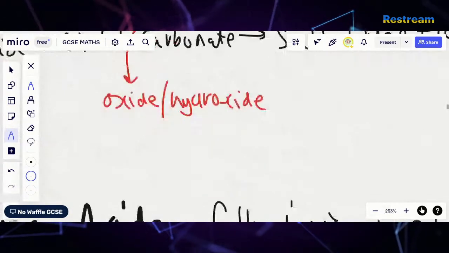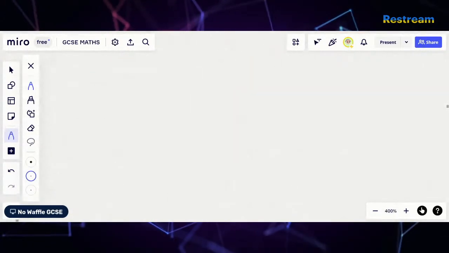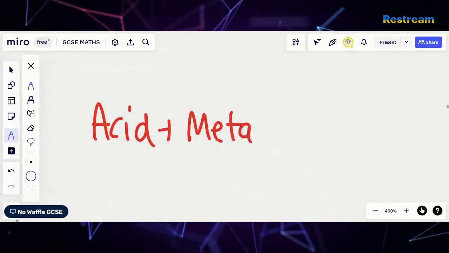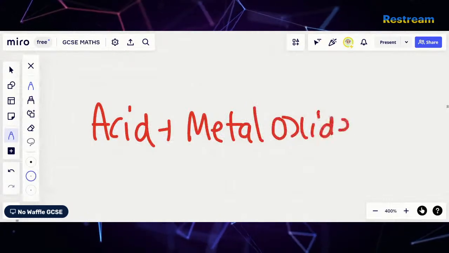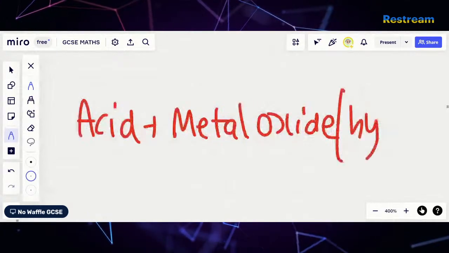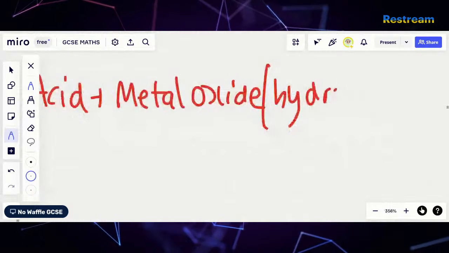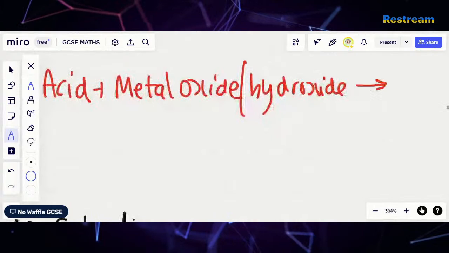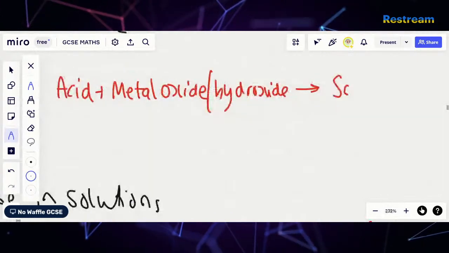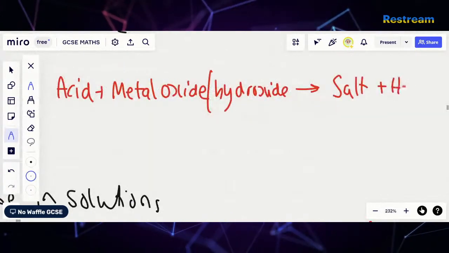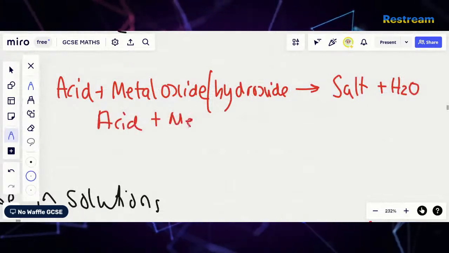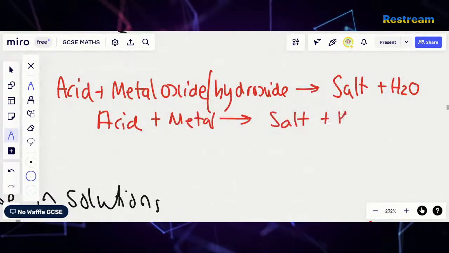Just reforming this, we've got acid plus metal oxide or hydroxide. Because there's an oxide or a hydroxide, you can produce salt and water. But if you were just reacting acid plus metal without oxide or hydroxide, you would just get salt plus hydrogen.